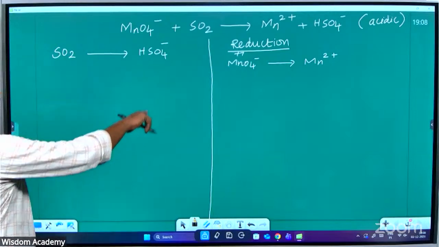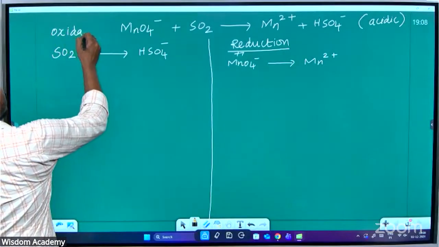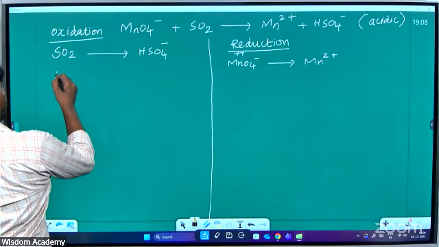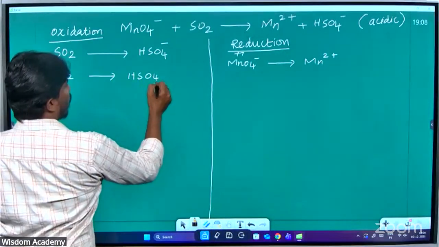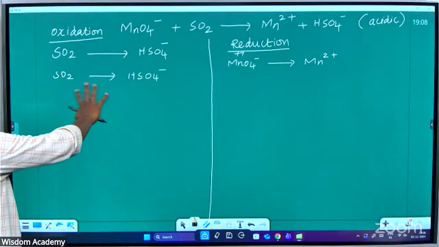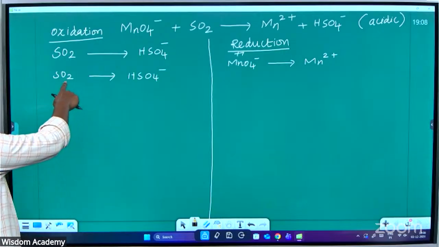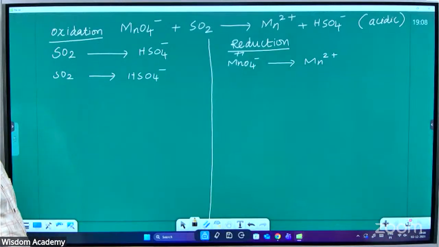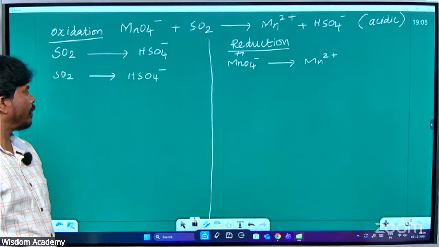First balance the other atoms involved. SO2 gives HSO4 minus. On both sides there is only one sulfur, but the number of oxygen is 2 on the left side and 4 on the right side. So we need to balance the oxygen number first.